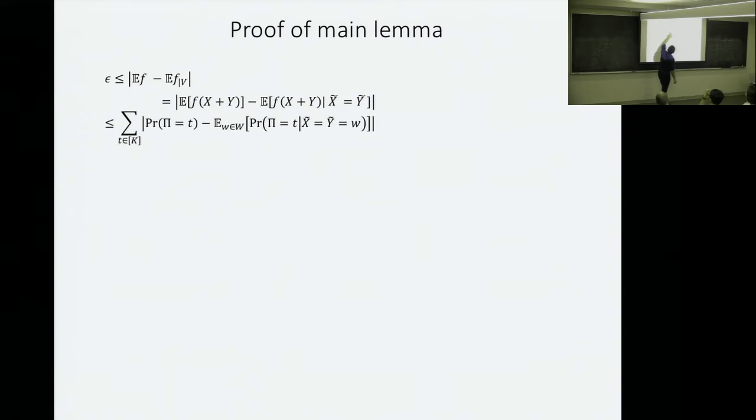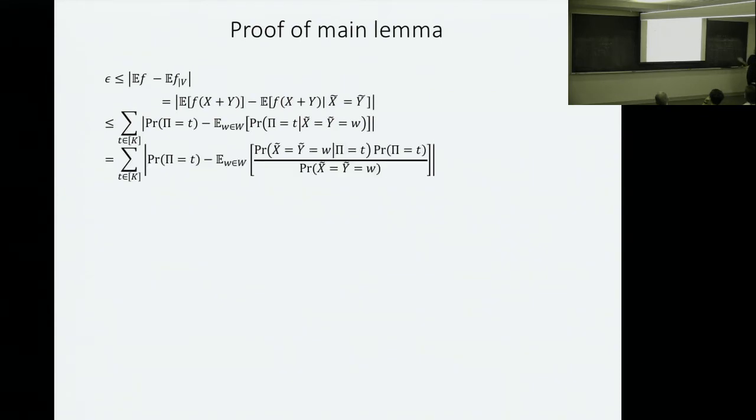So you pick a w and you fix x tilde and y tilde to be w, and you ask what is the measure of my rectangle t in that particular coset. Average of all. This is definitely an upper bound on the difference.